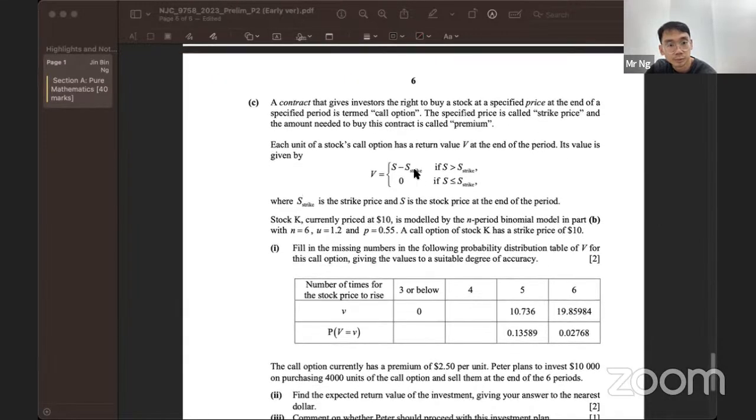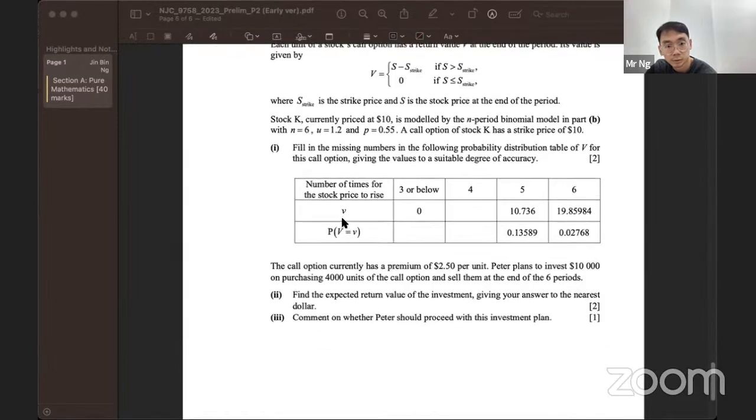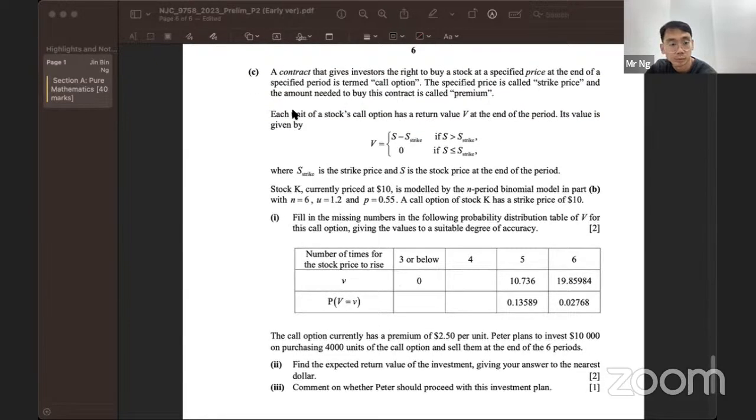Strike price, premium. Wow, it looks cheap. Okay, but I think we got that. Each stock has a return value at the end given by this. Okay, strike S. What is S? Strike price. Stock price. Okay, stock price.